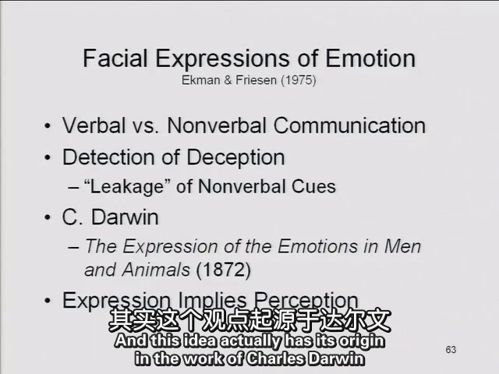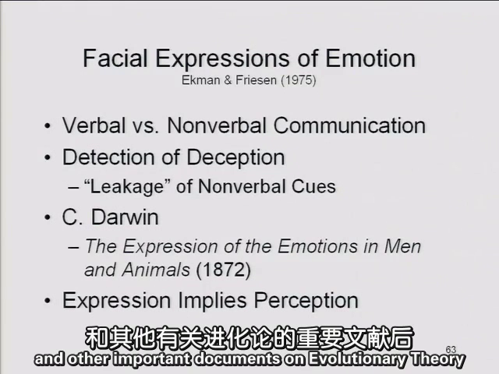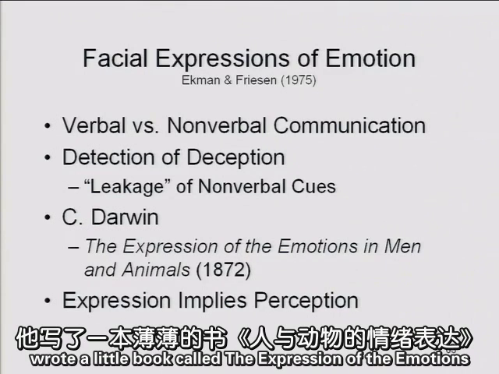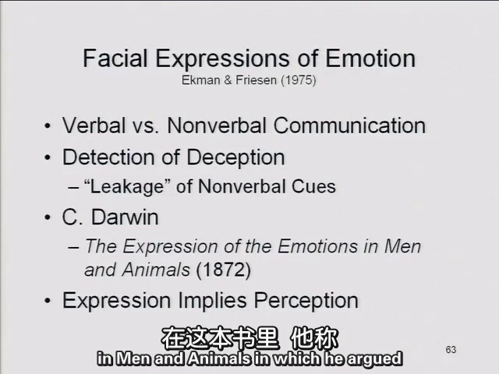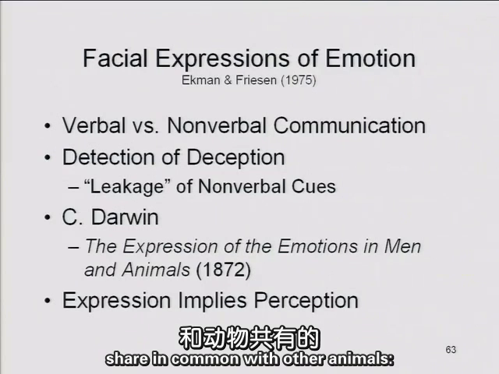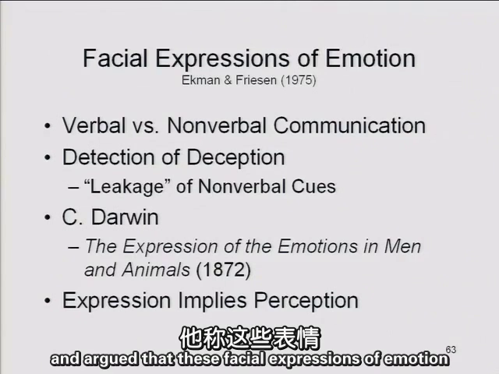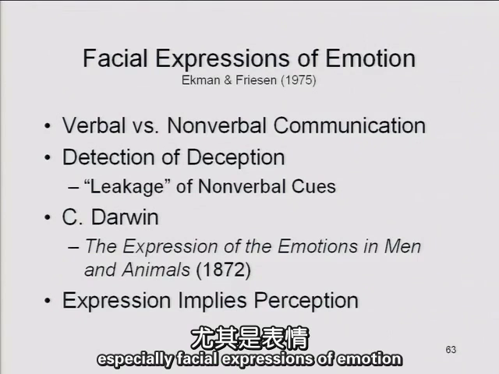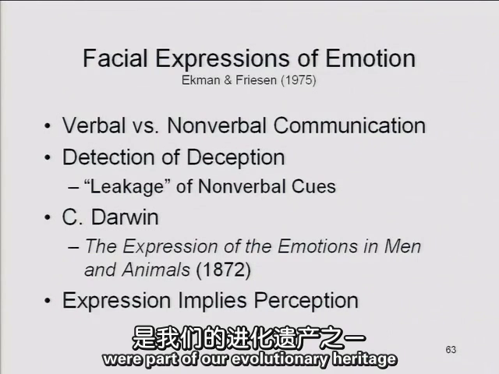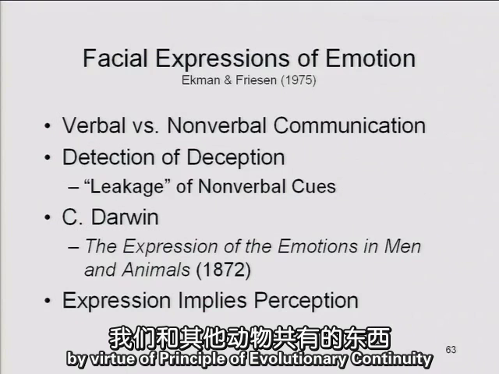And this idea actually has its origins in the work of Charles Darwin, who, after he wrote The Origin of Species and other important documents on evolutionary theory, wrote a little book called The Expression of Emotion in Men and Animals, in which he argued that there were certain emotional expressions that human beings shared in common with other animals, bears, dogs, cats, cows, and so on, and argued that these facial expressions of emotion, especially facial expressions of emotion, were part of our evolutionary heritage, things that we shared with other animals by virtue of the principle of evolutionary continuity.